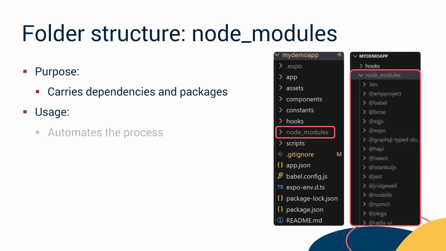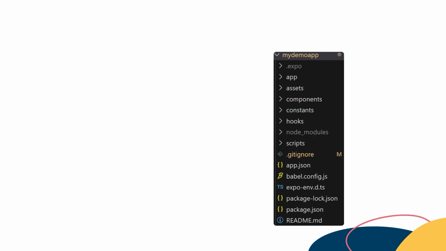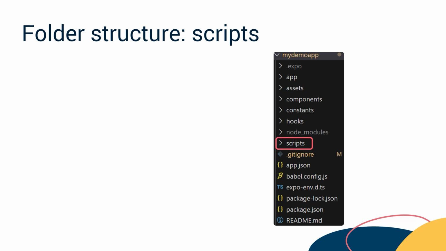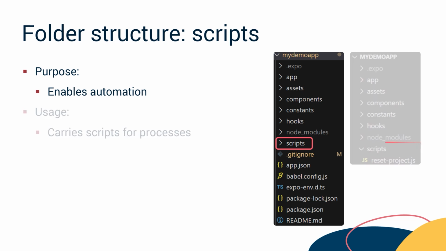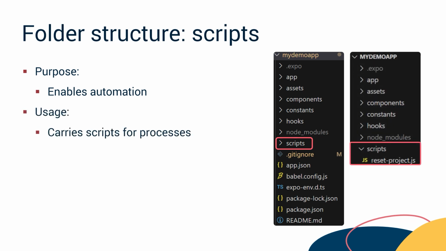This folder comes automatically once you have installed dependencies with NPM or Yarn. You usually don't work with it actively, but your project won't work without it. The Scripts folder is another project-related subfolder that stores script files that automate some of the project responsibilities. It may contain scripts for build or deployment or some other development processes.